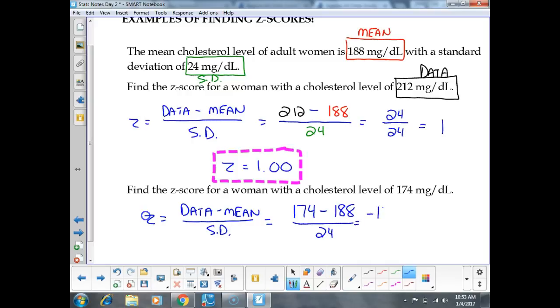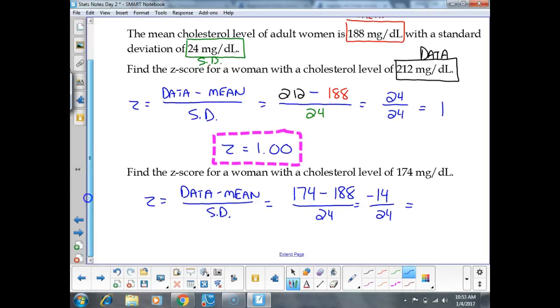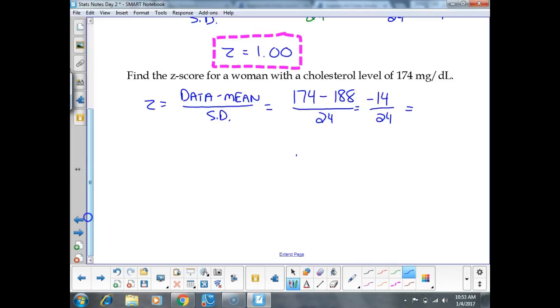That gets me negative 14 over 24. So my z-score here was negative 0.583. Okay, does that make sense?